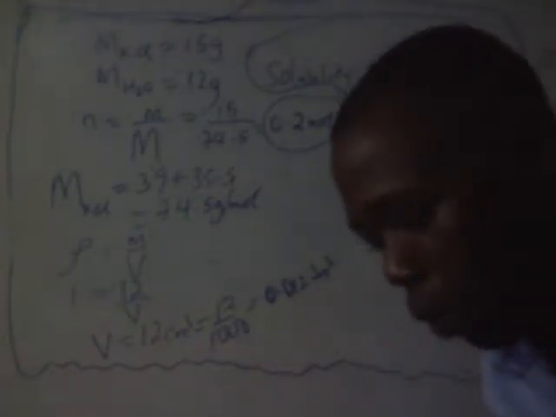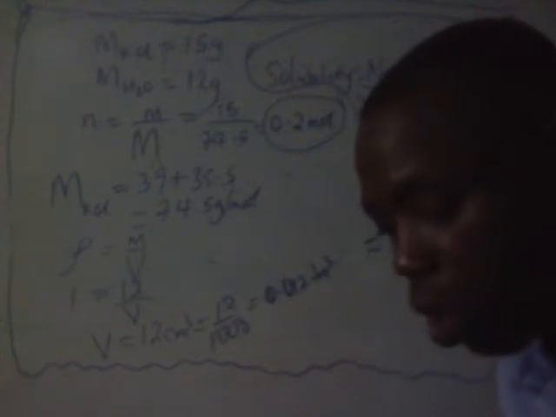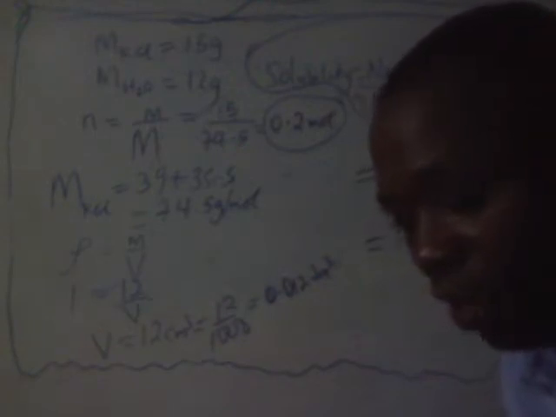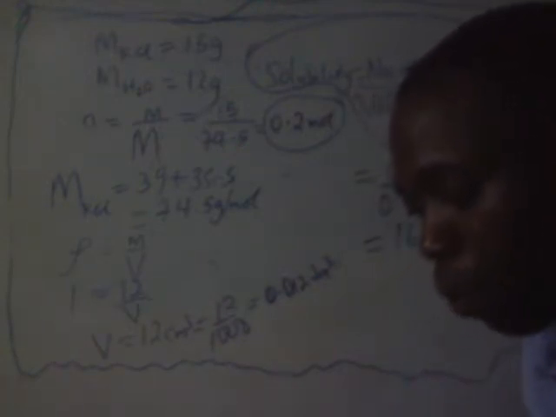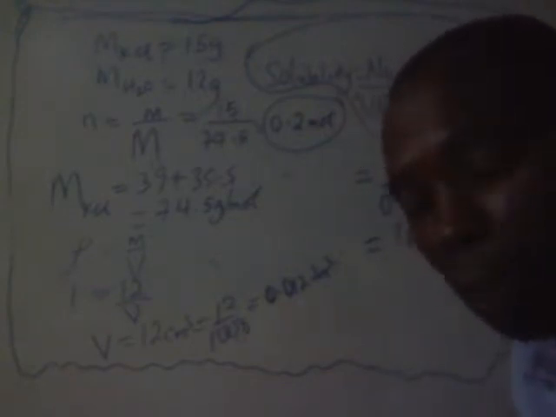Let's look at the options. Option A 3.5, option B 10.7, option C 16.8, option D 27.0, option E 74.5.